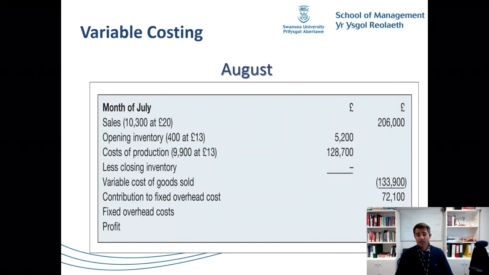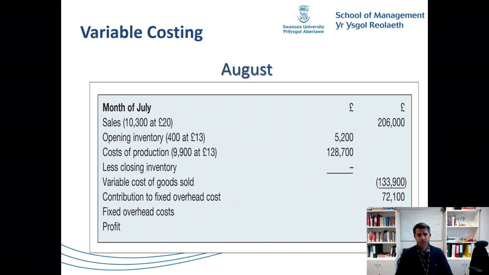Under the variable costing statement, again, what we mentioned is that there is no absorption or under absorption under variable costing. You just need to prepare the statement as follows. Sales, same, doesn't change. Opening inventory, if you remember, you need to calculate it and multiply it by £13. Cost of production, 9,900 times 13, and no closing inventory as we mentioned.